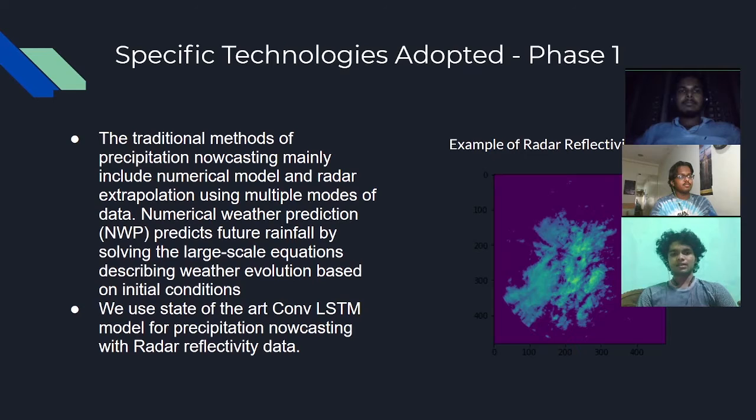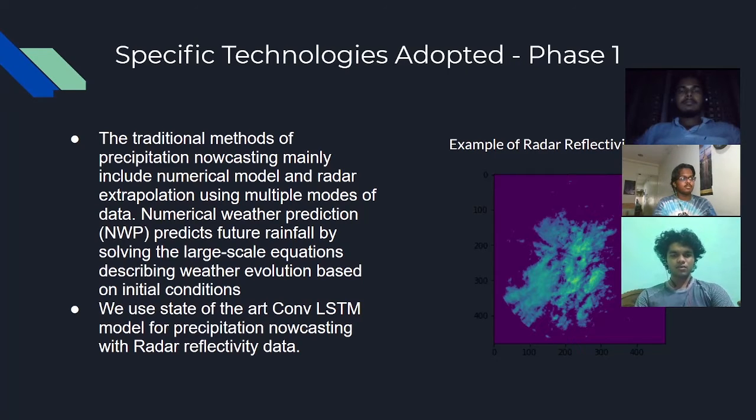These take a really long time because it's computationally heavy. So we take a deep learning approach where we use convolutional LSTMs to predict the precipitation with radar reflectivity data.